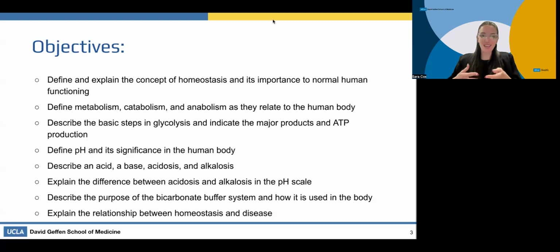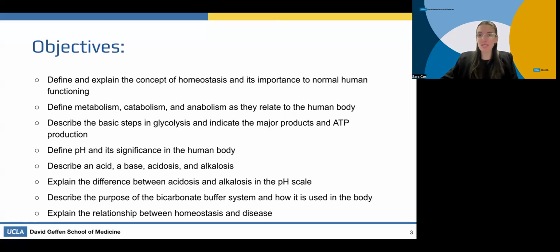We'll define pH and its significance to the human body, and therefore understand acids, bases, acidosis, and alkalosis. Explain the difference between acidosis and alkalosis on the pH scale, and describe the purpose of the bicarbonate buffer system and how it's used in the body. And then finally close out by discussing the relationship between homeostasis and disease.